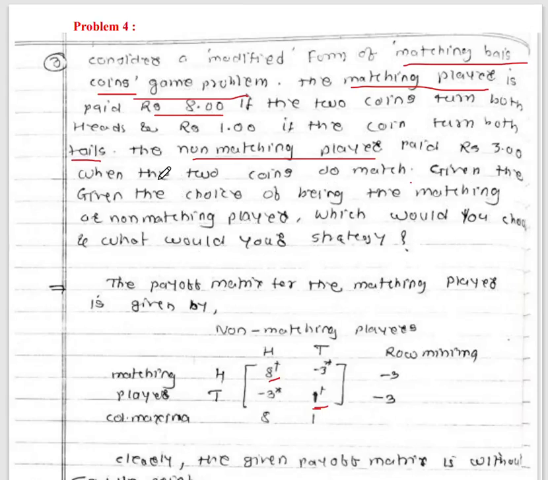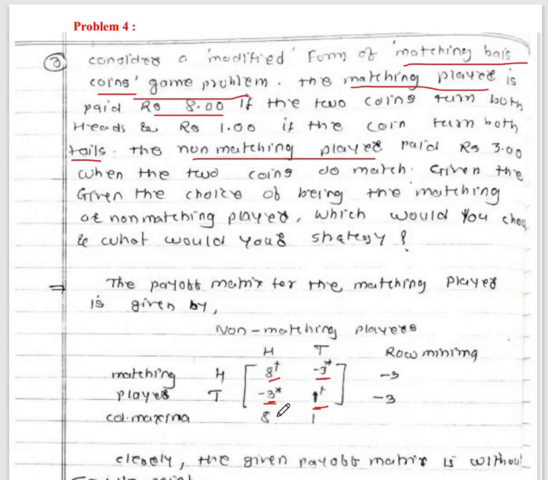Second step: the non-matching player is paid 3 rupees when the two coins do not match, that means head-tail and tail-head, that is minus 3.